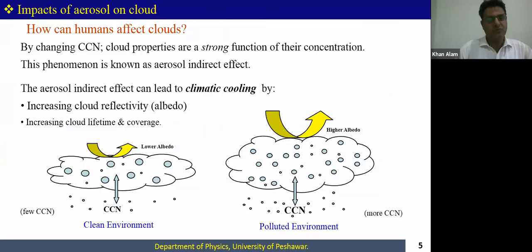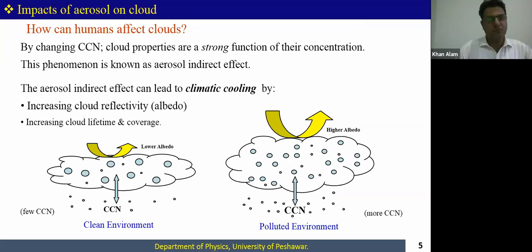So how can humans affect clouds? Since, as I mentioned, aerosol acts as a cloud condensation nuclei, it can modify different properties of clouds. If aerosol or pollution are mixed into the clouds, it can modify the properties of the cloud.